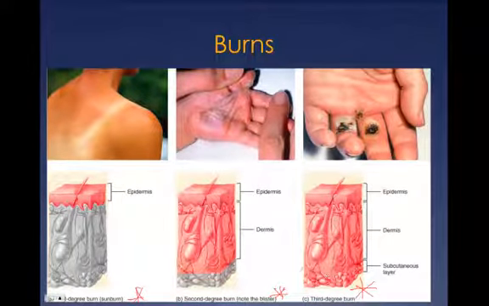But in a third-degree burn, we've damaged those blood vessels. So that's where you see all of this black necrotic tissue here. Okay, so third-degree burns are our most serious burn. That's because you've not only damaged the epidermis and the dermis, but now you've damaged the subcutaneous layer below.